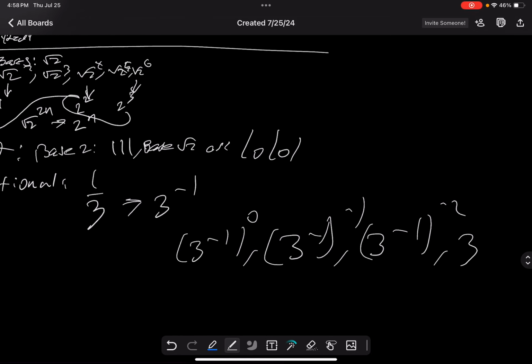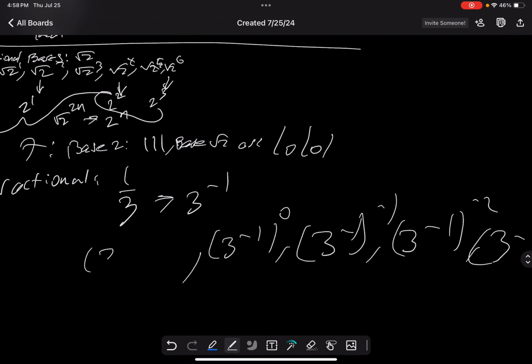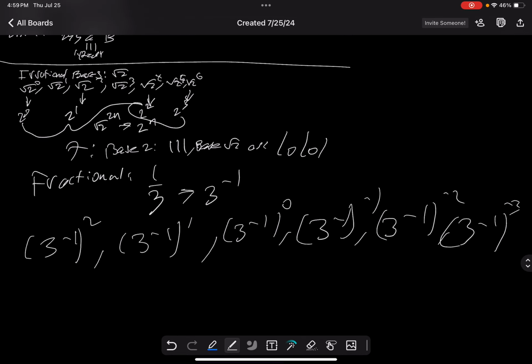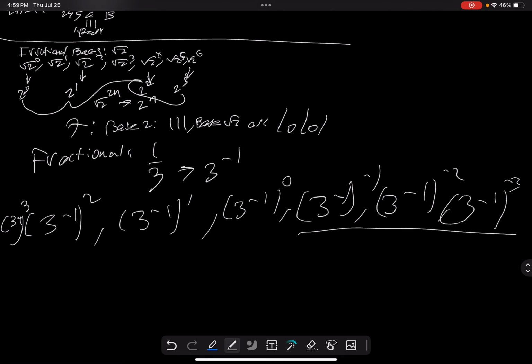So 3 to the power of negative 1 to the power of negative 3. And then this would be positive. So 3 to the power of negative 1 to the power of 1. And then I'll just complete this for full understanding. And then 3 to the power of negative 1 to the power of 3. And so actually what this would be is, because a to the b raised to the power of m is equal to a to the power of bm, since these are two negative numbers, these will make positive numbers.